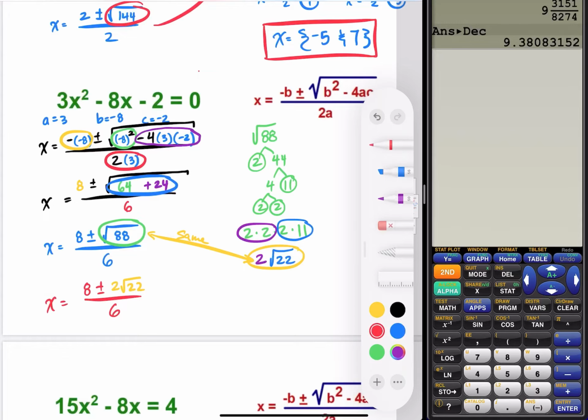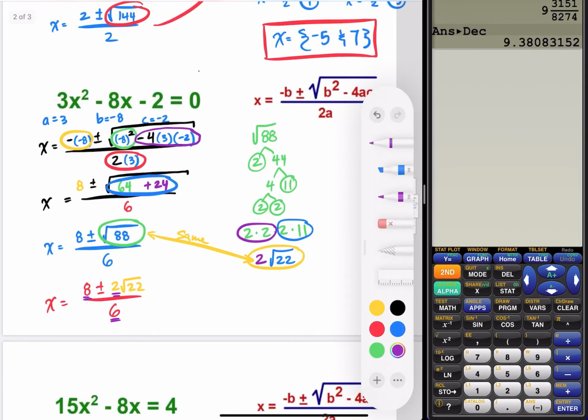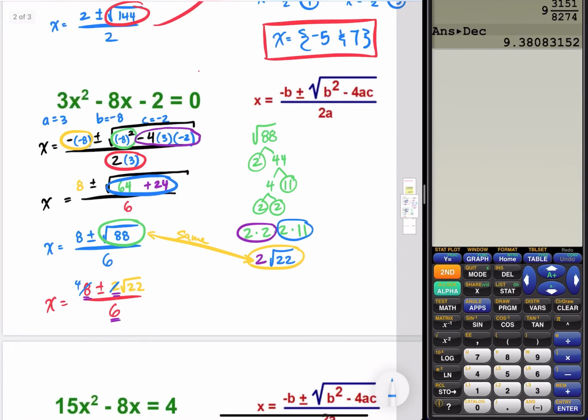And what I notice is that this 8, this 2, and this 6, all of our whole numbers here, if I could divide them by the same number, I'm going to do so. I'm going to simplify our fractions. Well, 8, 2, and 6 can all be divided by 2. So that 8 becomes a 4, that 2 becomes 1, and that 6 becomes 3.